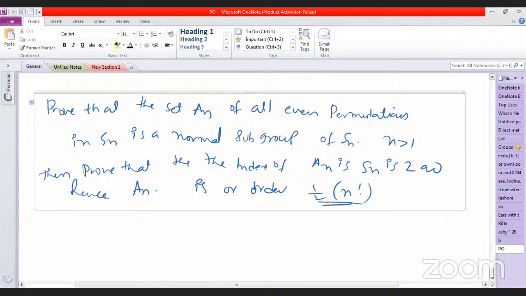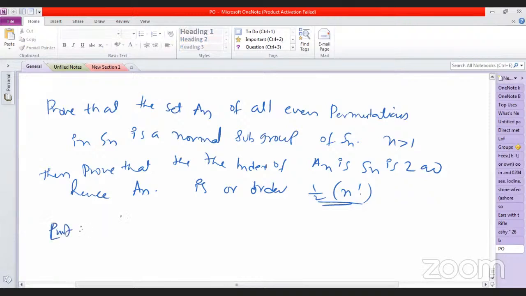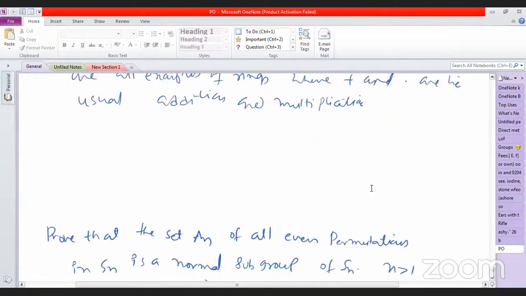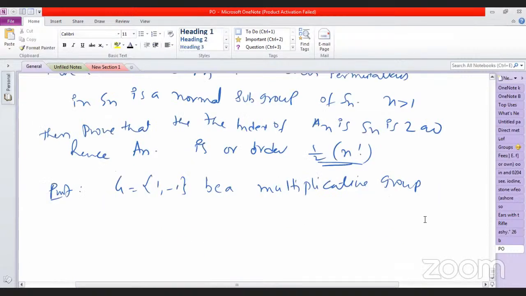Now, G is equal to 1 and minus 1, we are taking here. What is the meaning of multiplicative group? A commutative multiplicative group of integers, 1 and minus 1.